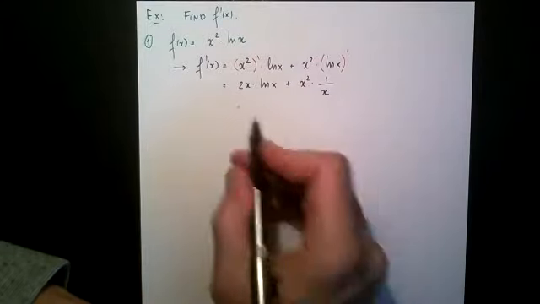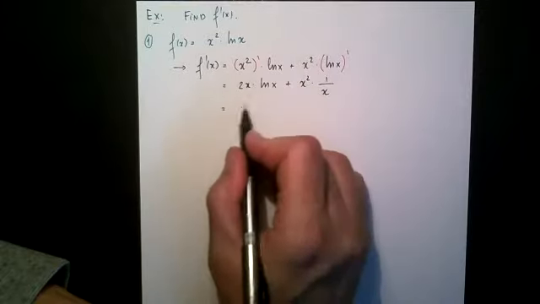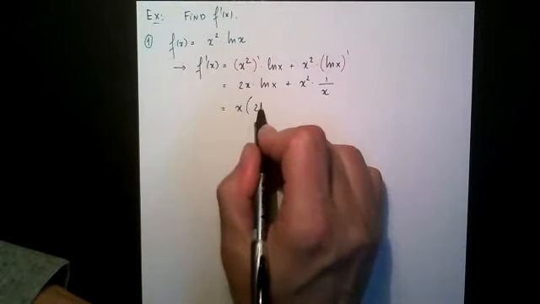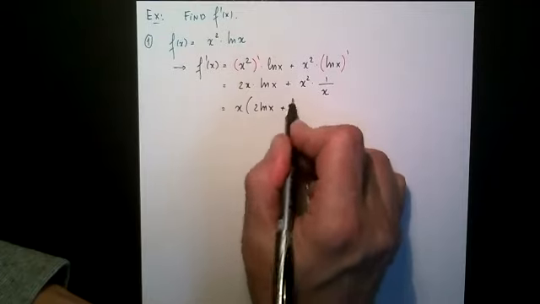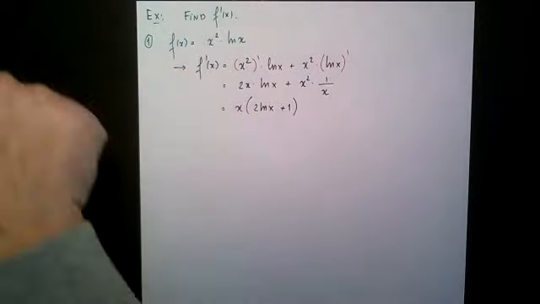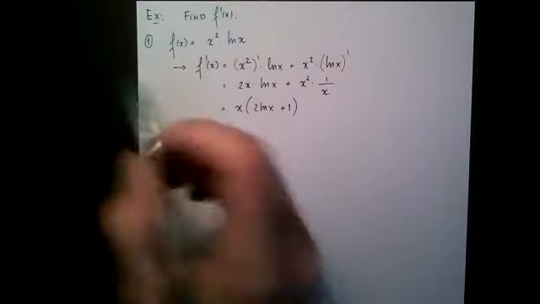And that's my answer. Of course, you could simplify this one. x2 over x is x, pull out an x. So x times 2 ln x plus 1. I simplified here. We never usually simplify, but this is tempting.